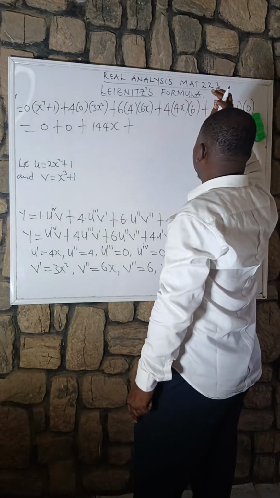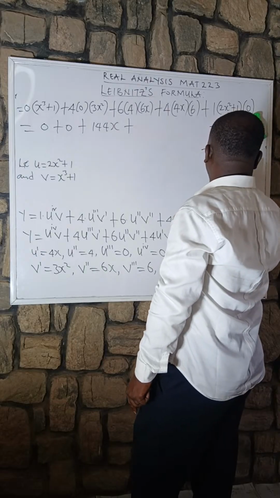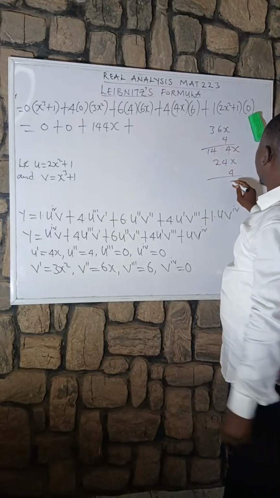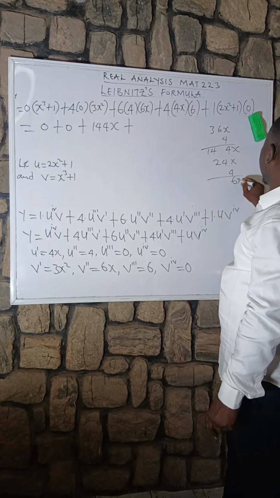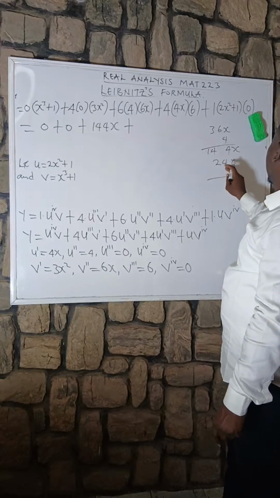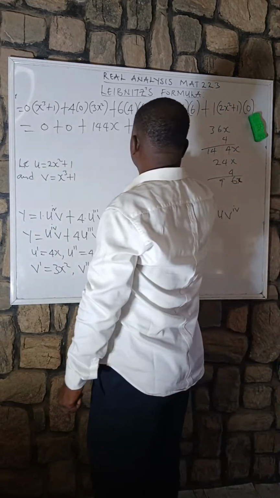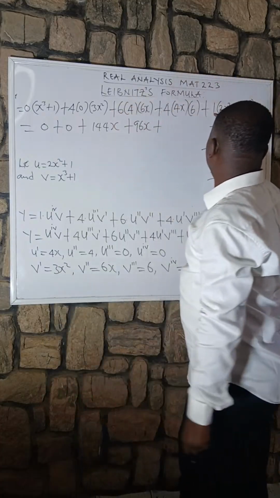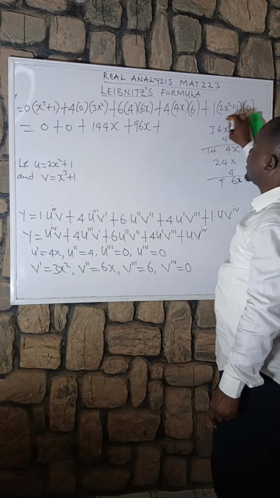This is 24x times 4, which is 96x, plus 1 times 2x squared plus 1 times 0.